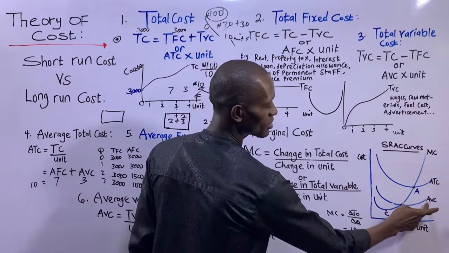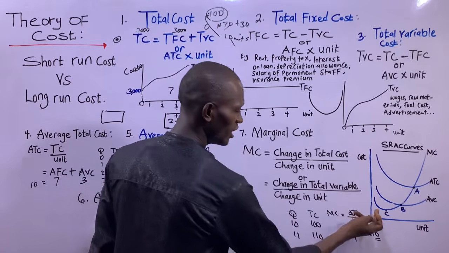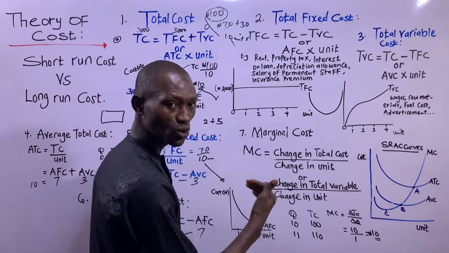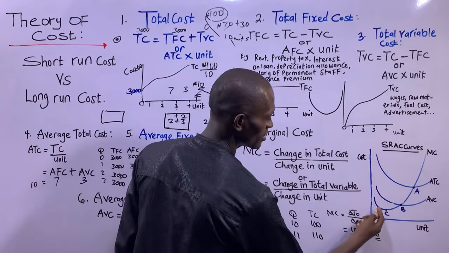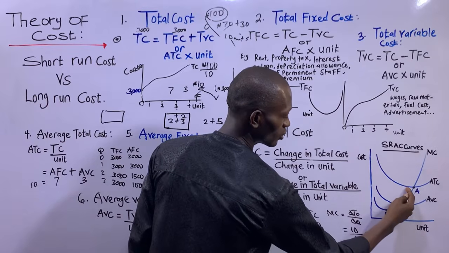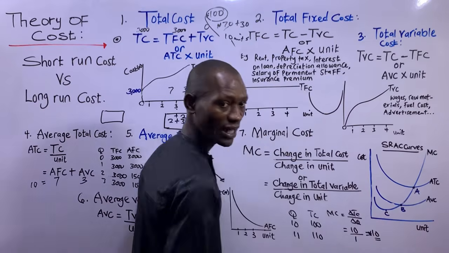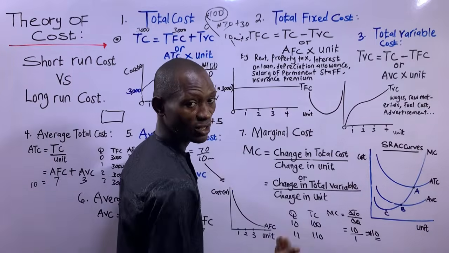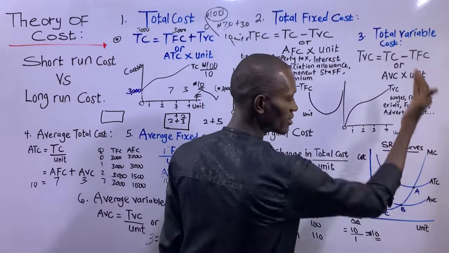Both the average total cost and average variable cost exhibit the same characteristics, meaning that if marginal cost is below any of the two, then those two will decline towards it. That means they will fall towards it. And this is what you have. Look at this. When marginal cost is below average variable cost and average total cost, they fall towards it. They decline towards marginal cost. And at the same time, when marginal cost is above the average total cost and average variable cost, they also rise, they increase towards it.